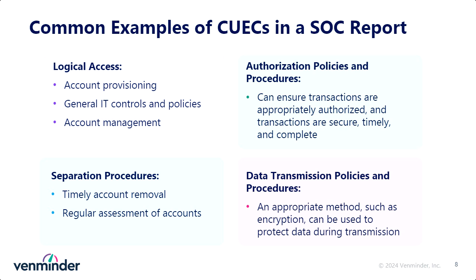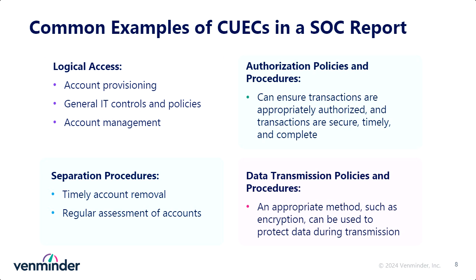And you know, that means making sure that when somebody leaves your company that you have removed their account access to the application or the product and service that you're using the vendor for. And then of course, authorization policies and procedures. These can ensure transactions are appropriately authorized and transactions are secure, timely, and complete.